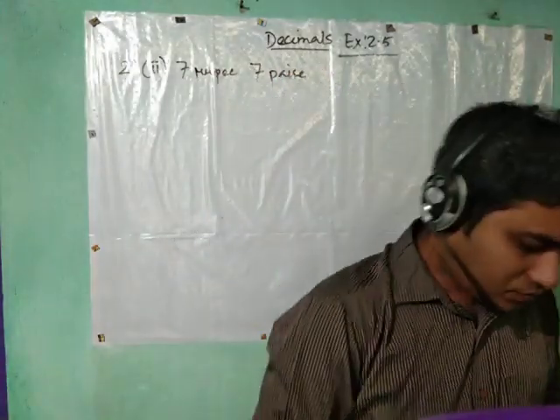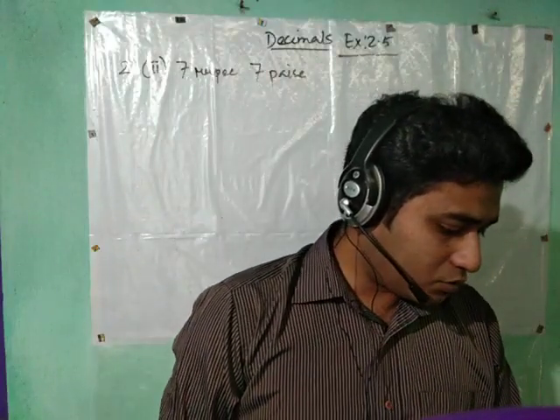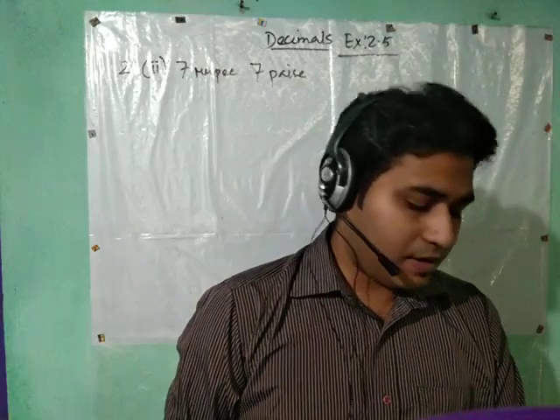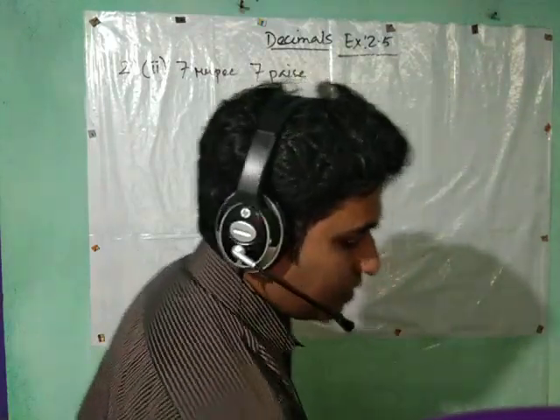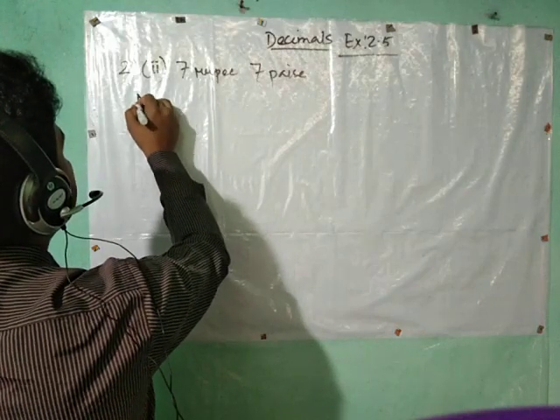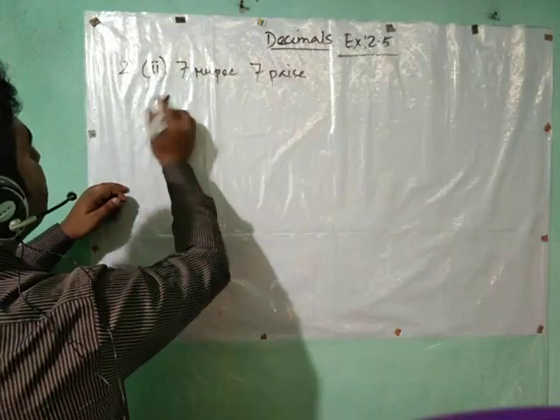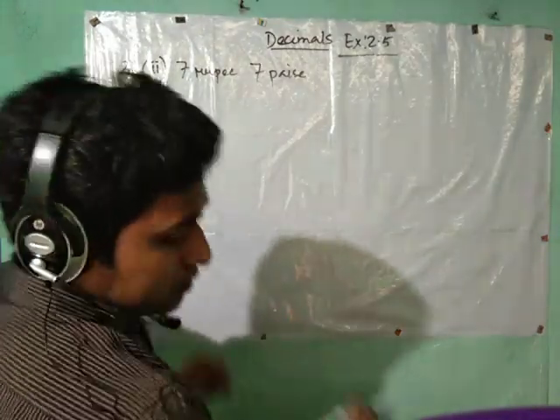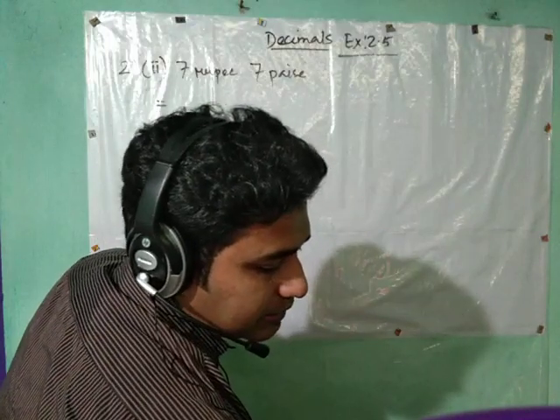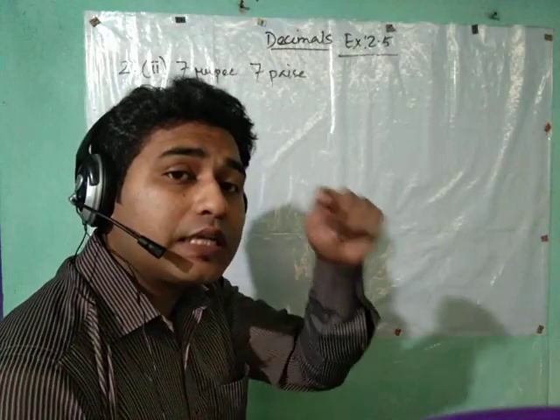First of all, see, 7 rupees, we have to express it as what? Decimal. आंसर करो. इसमें आंसर भी कर सकते हो या फिर ऐसे इक्वल भी मार सकते हो. इक्वल मार के देखो. What is in the question? You are asked to convert it into what? Express as rupees. That means you have to convert it into rupees.